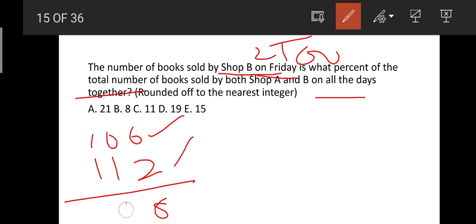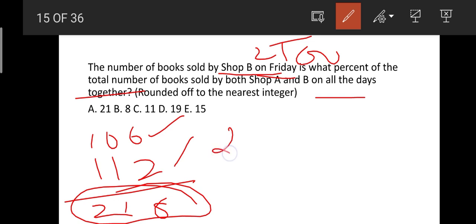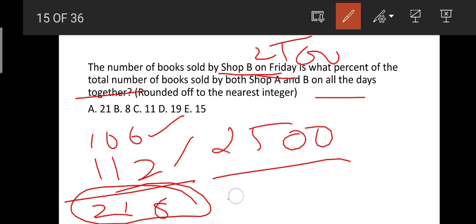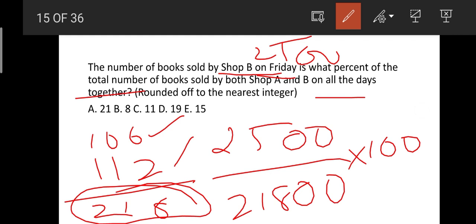The total number of books sold by them is 21800. They are asking for the percentage, so we can take 21800.